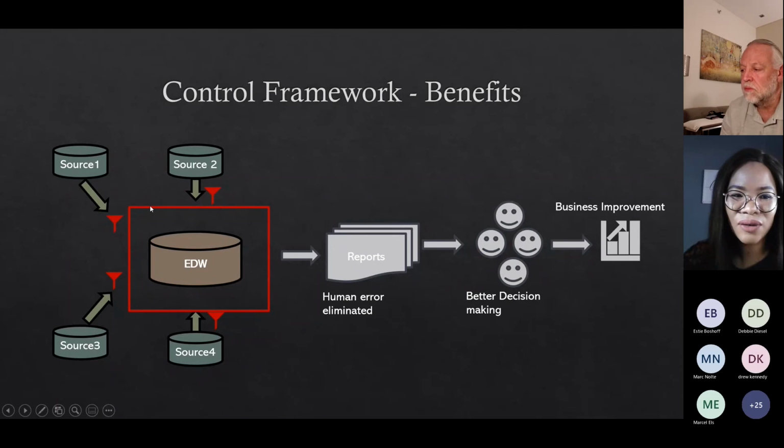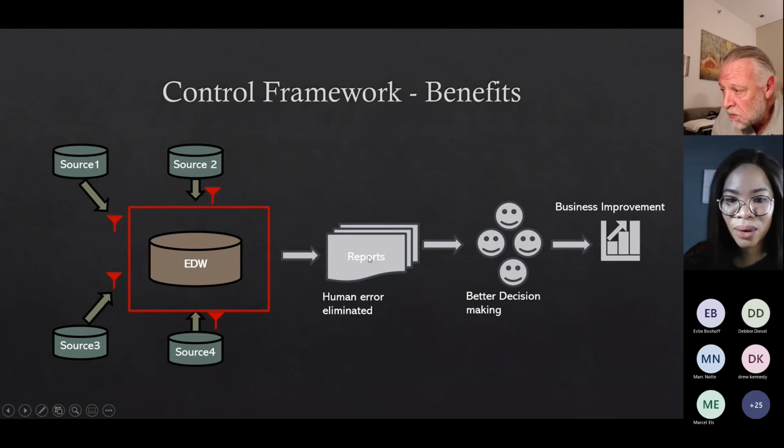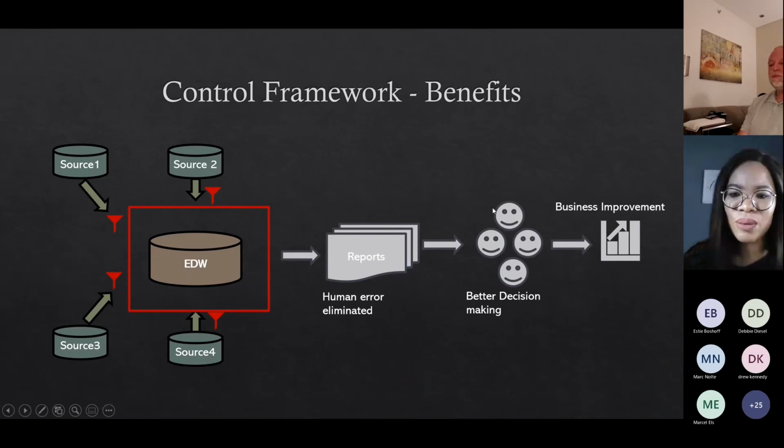Because if we don't have the control framework and the data is huge, you're trying to bring in the huge data here, then we wouldn't know whether we have it all or not. And without it, we will report thinking that the human error is eliminated and we're happy. But sometimes you find that certain things wouldn't make sense here, because there's something missing, right?